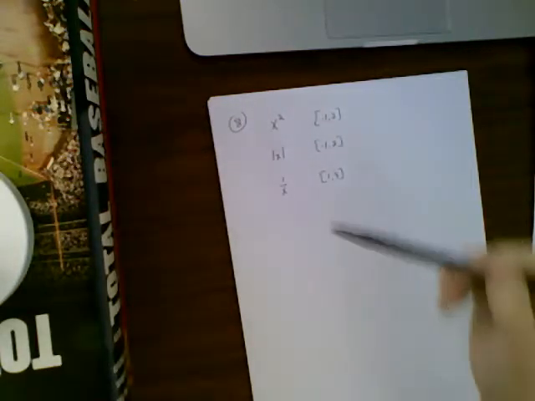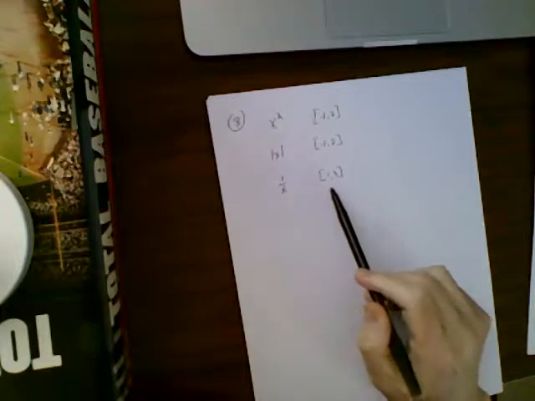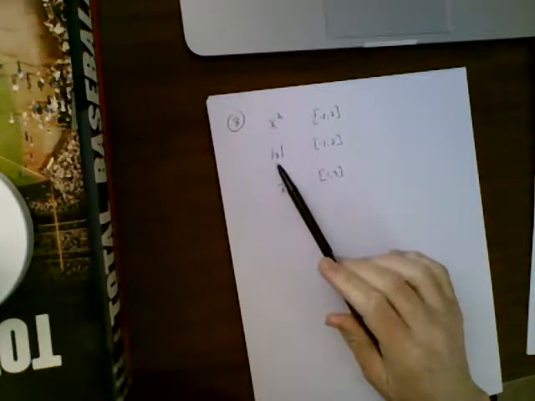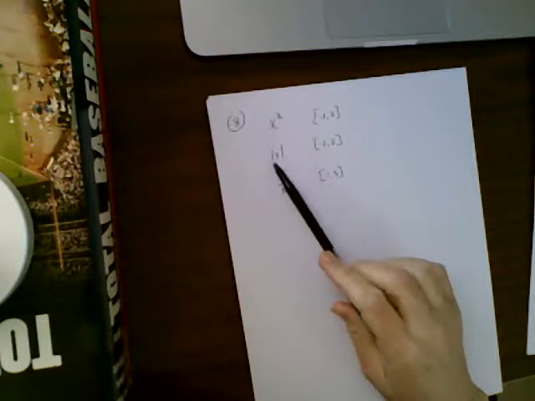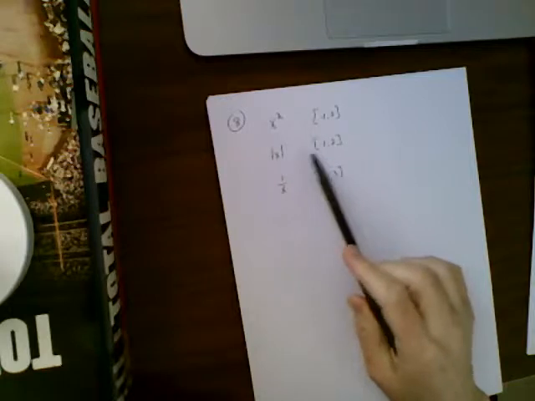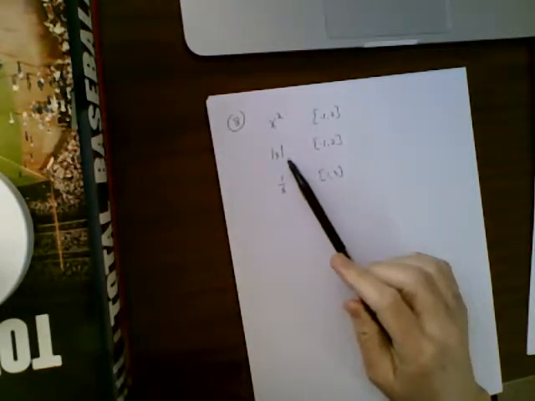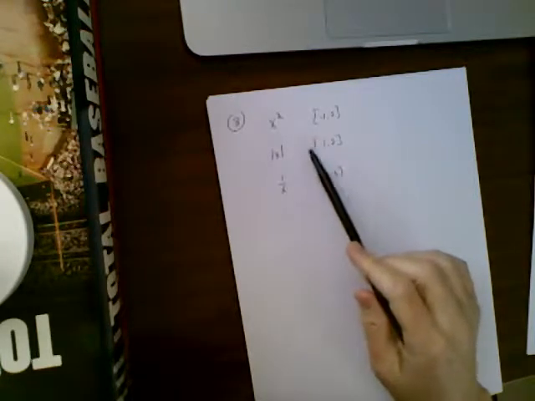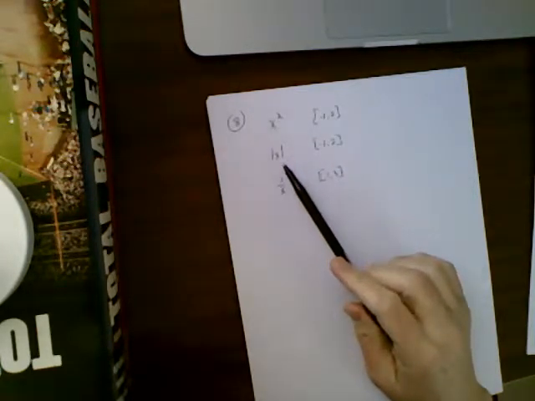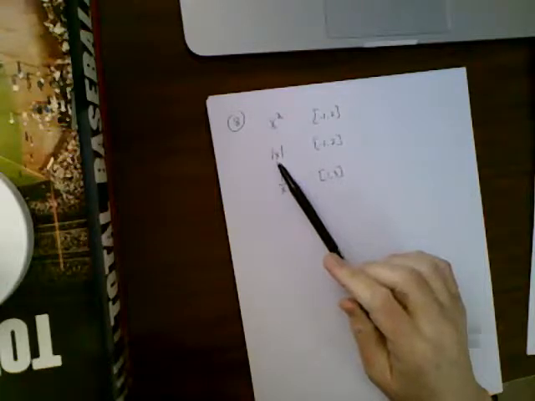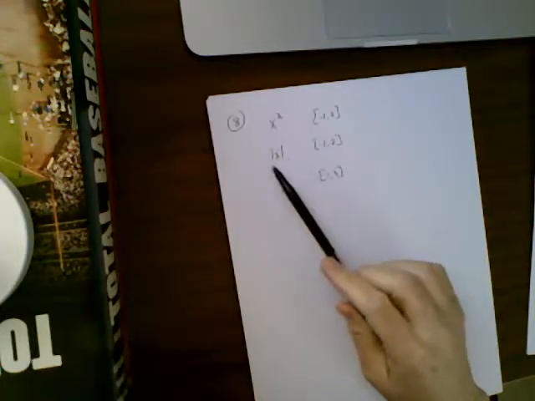In other words, there will be at least one point here where the derivative is equal to the average rate of change. This one we'll worry about later, because notice there's a point where it's not differentiable. It's not differentiable at 0, so the mean value theorem doesn't apply. But it's still possible that there's a point where the derivative is equal to the average rate of change. We can't apply the mean value theorem. There's no guarantee that there's a point here where the derivative is the average rate of change, but there might be one.